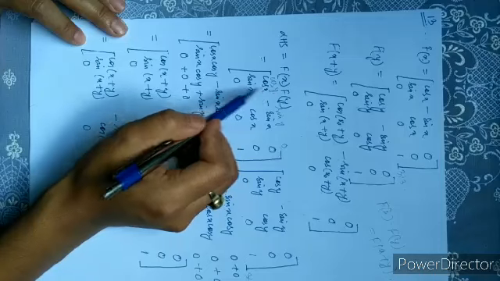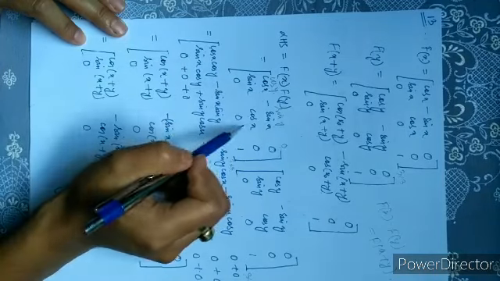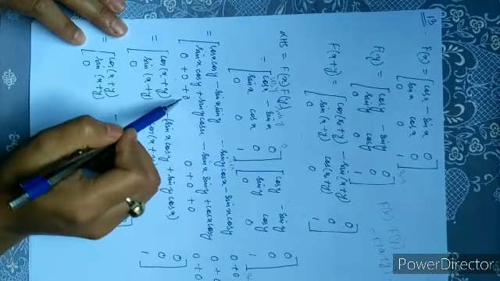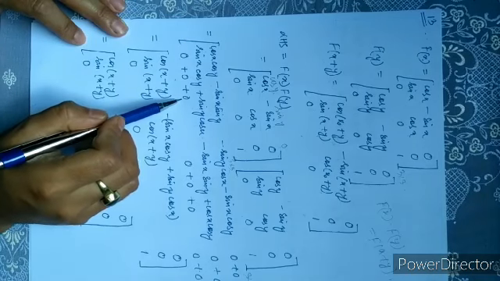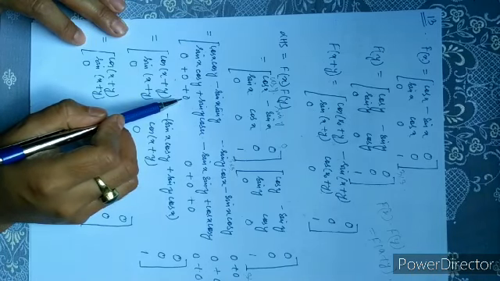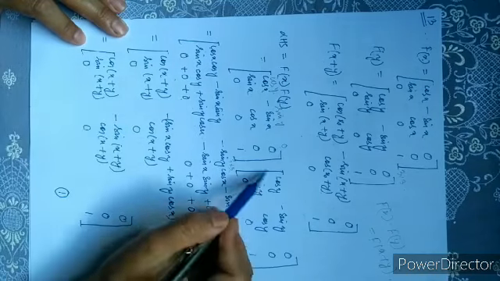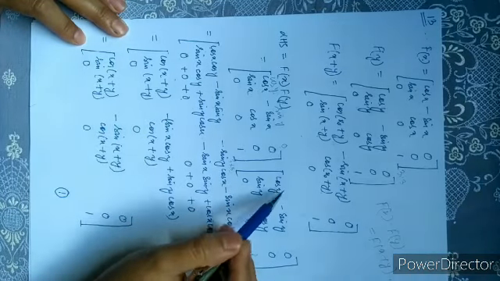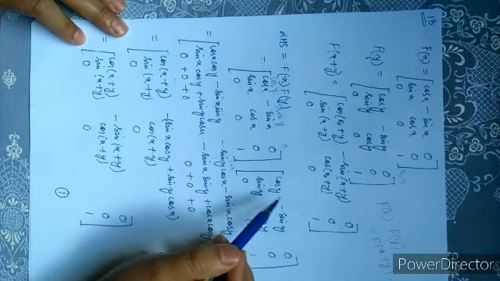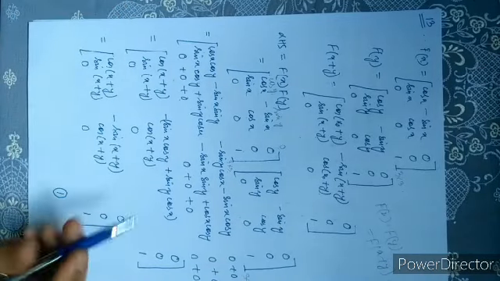Cos y into 0 is 0, sin y into 0 is 0, and 0 into 1 is equal to 0. So the elements of the first row, second row and third row of the first matrix multiply by the corresponding elements of the first column of the second matrix.